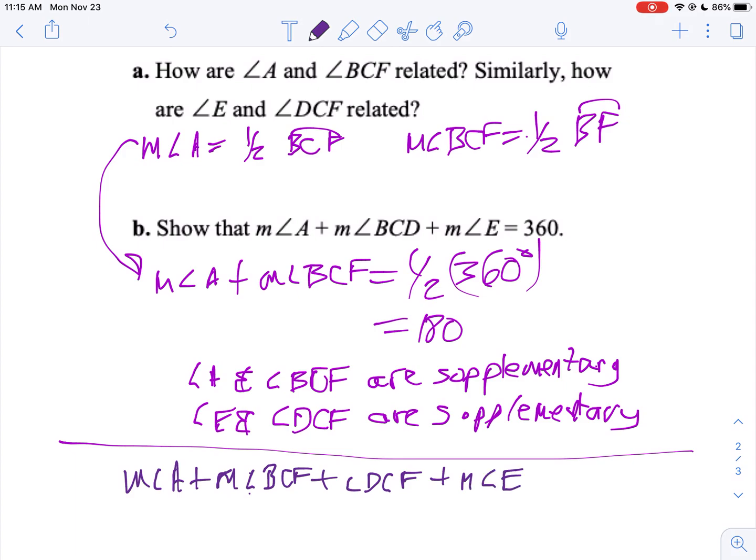One of the reasons I like this chapter is it puts everything together that you've done. It's kind of like a mini final review. Now, from part A, we know angle A plus angle BCF add to 180.